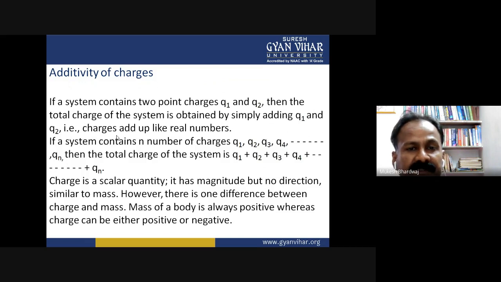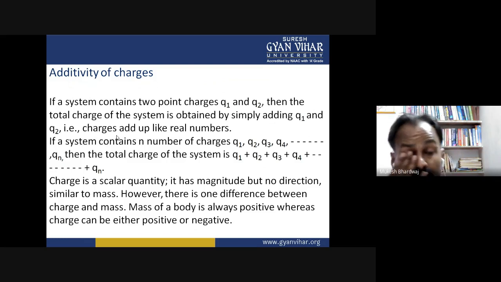If a system contains two point charges Q1 and Q2, then the total charge of the system is obtained by simply adding Q1 and Q2, that is, charges add up like real numbers. If a system contains n charges Q1, Q2, Q3, Q4, up to Qn, then the total charge of the system is Q1 plus Q2 plus Q3 plus Q4 plus up to Qn.